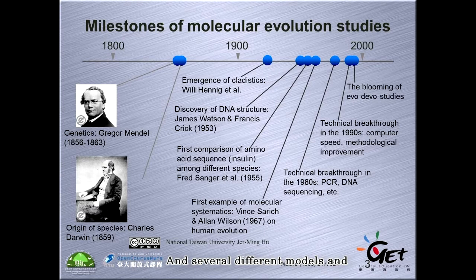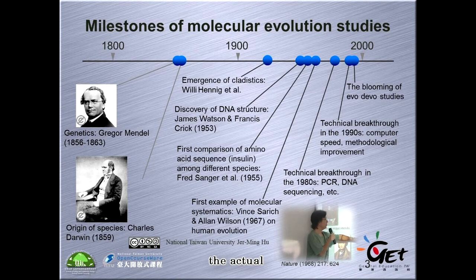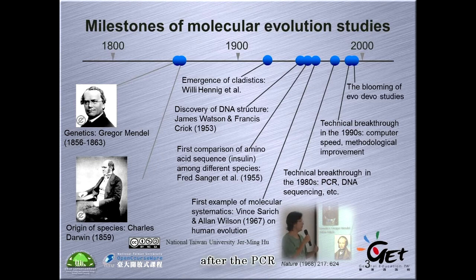Several different models and approaches have been used, like by Sanger or Alan Wilson, and also some others. But the actual breakthrough happened only after the 1980s, after PCR and sequencing methods were widely adopted and became cheaper and cheaper, so everybody can have a large amount of data.